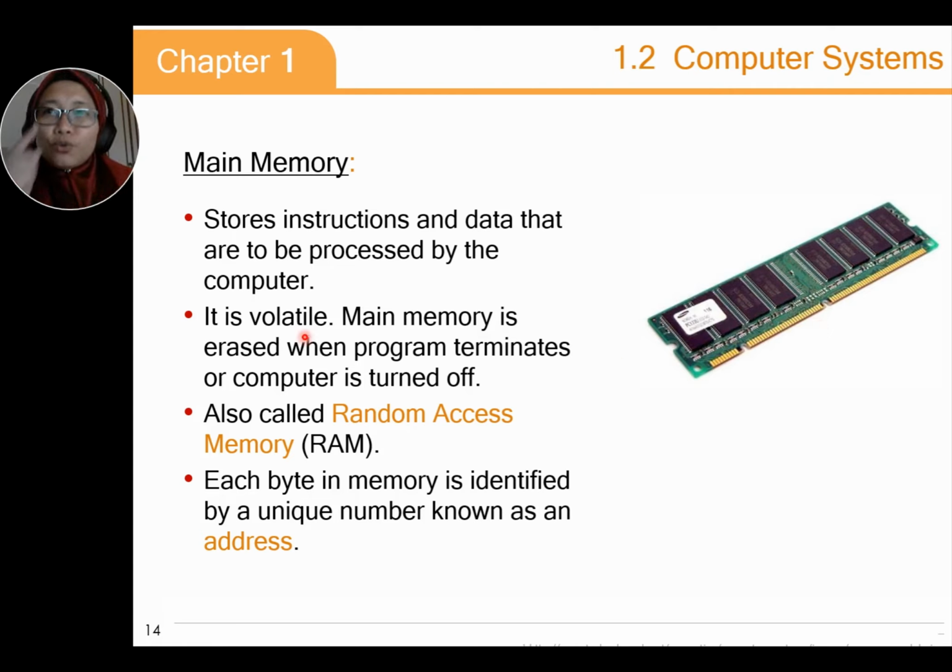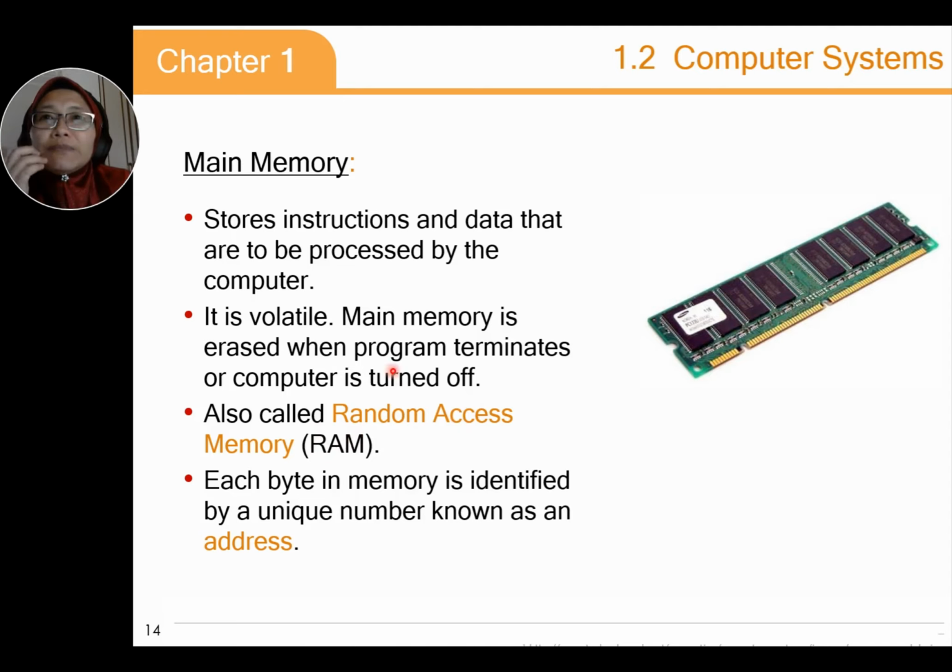Here, what I want you to pay attention to is this word, volatile. Main memory is volatile. What does this mean? We know that the input devices will send data that will be stored in the main memory, but the main memory is volatile, meaning that data kept here is temporary.